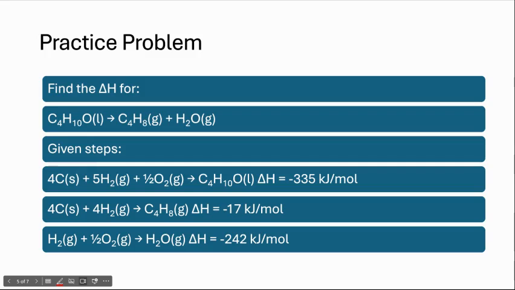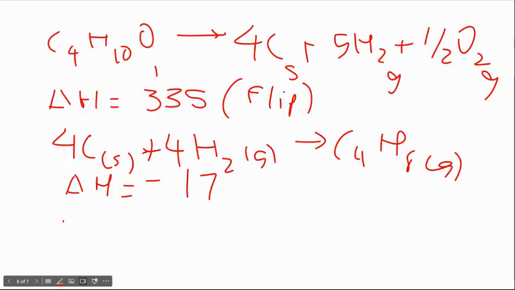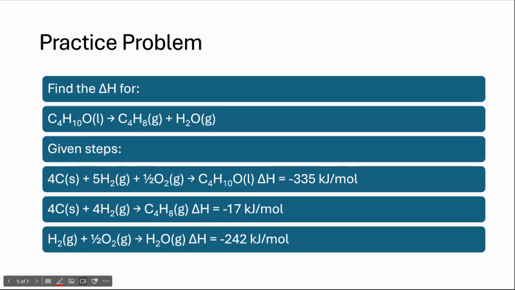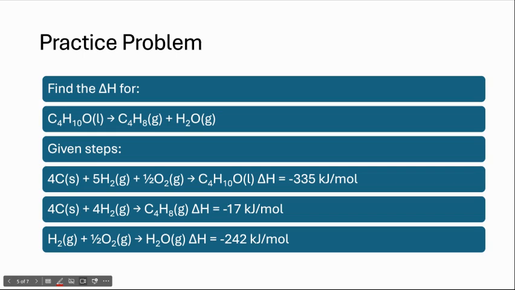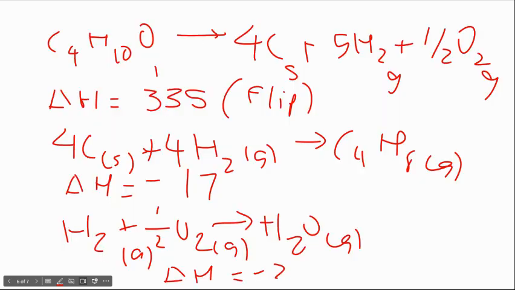So we have H2 plus 1/2 O2 goes into H2O gas. And the delta H we leave as is, which was negative 242.